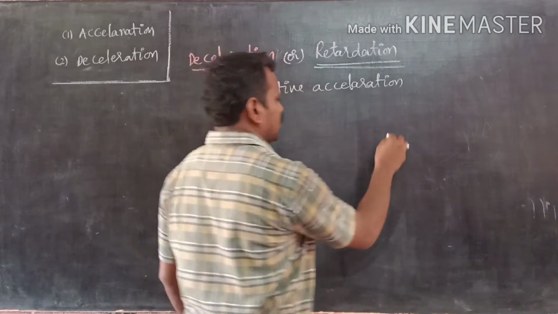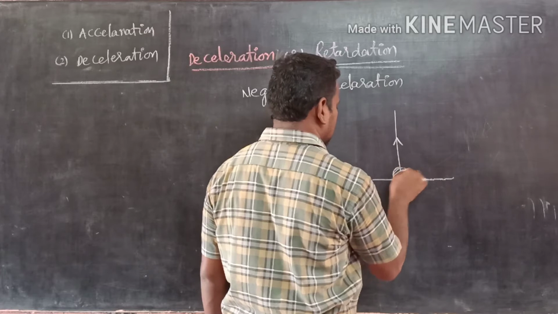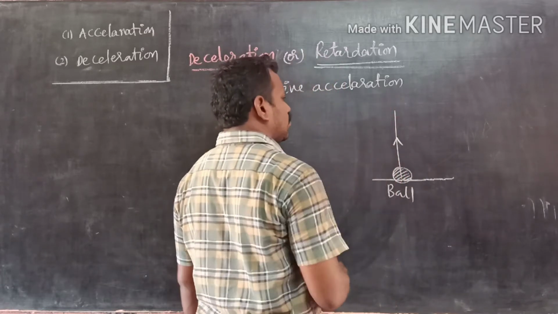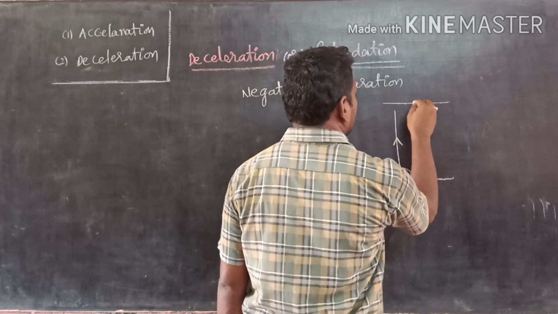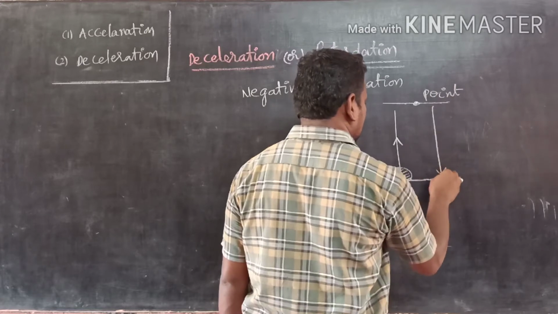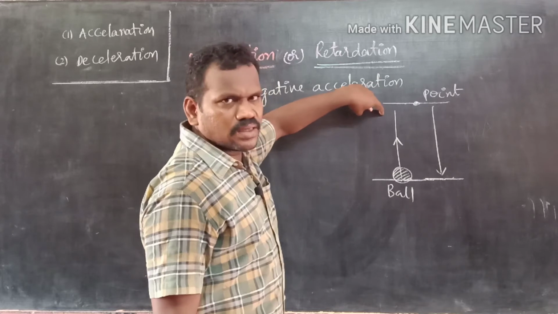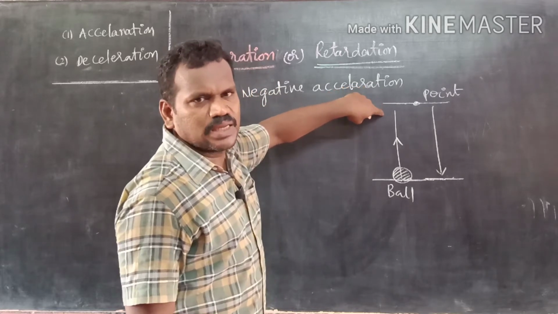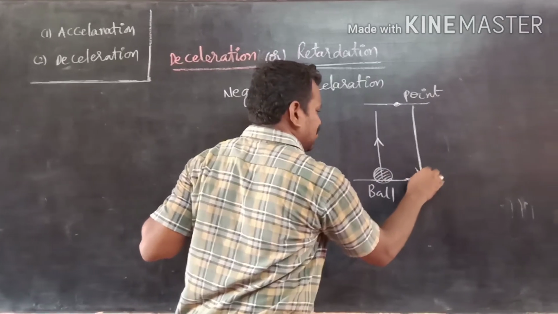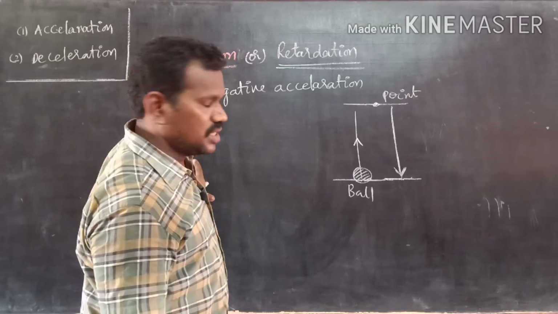For example, if you observe here, we threw the ball in the upward direction. It will reach a particular point. From that point onwards it falls down. The ball which is thrown up is called a vertically projected body. The ball which is coming down in a free manner is called a freely falling body.